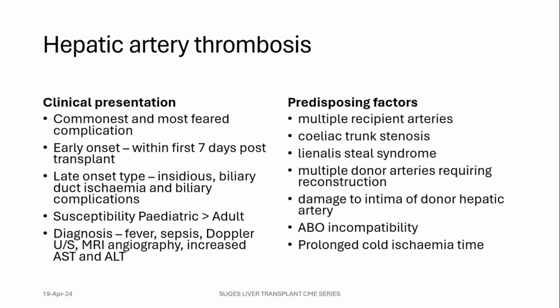You can do a Doppler ultrasound scan and look at the flow in the hepatic artery, or you do an MRI angiography and you see reduced flow and the presence of a thrombus. And if you're doing lab investigations, you'll start seeing an increase in the transaminases, AST and ALT.